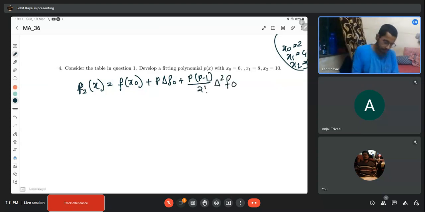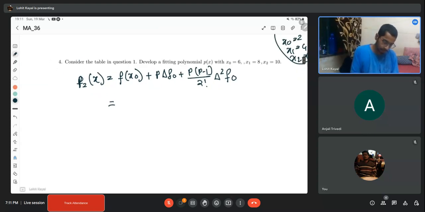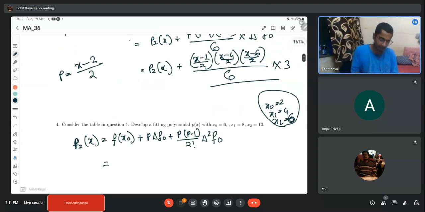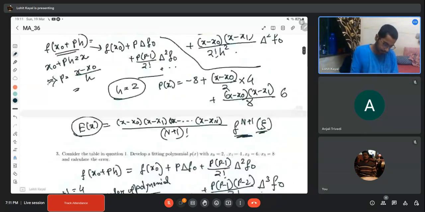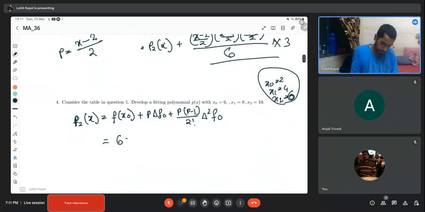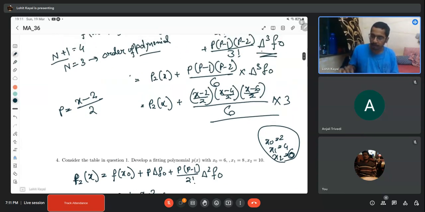That's it. So what is the value of f at x naught equal to 6? The value is 6, plus p is x minus 2 by 2, so x minus 2 by 2 into delta of f naught.